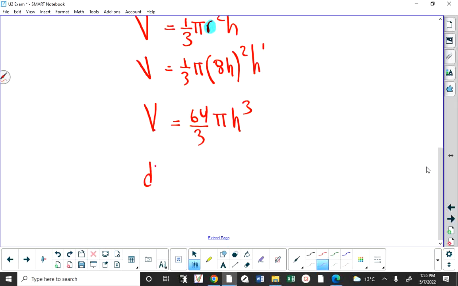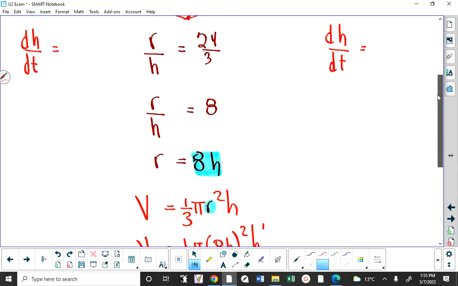So dV/dt equals, I'm going to wrap that exponent around the h, and I'm going to take 64 pi over 3 times 3, which will give me 64 pi. I drop one exponent from the h to get h squared, and then I multiply by dh/dt. All I need to do now is put in the information to find dh/dt.